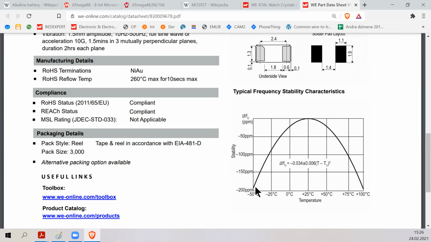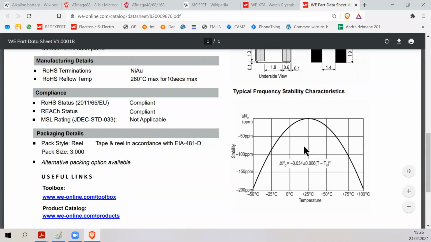And it's built in such a way that its frequency changes as this parabolic line. So unfortunately, at, for example, minus 50 degrees Celsius, it will oscillate at minus 200 parts per million lower frequency. And when it's heated up, for example, to 75 degrees, it will oscillate slower by 100 parts per million.